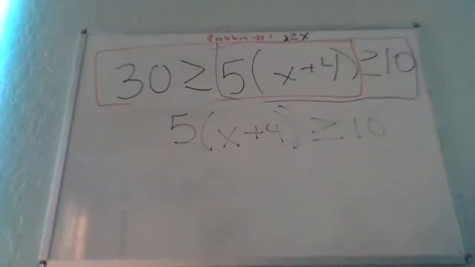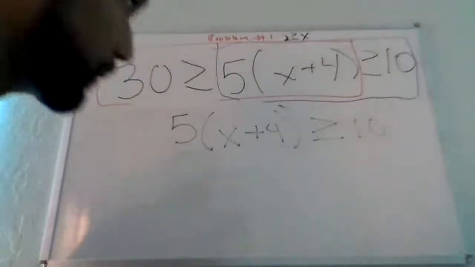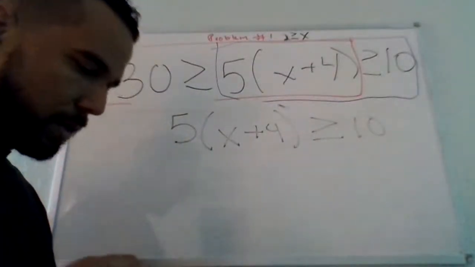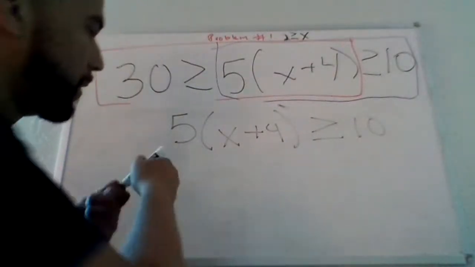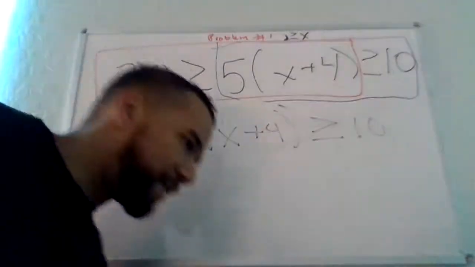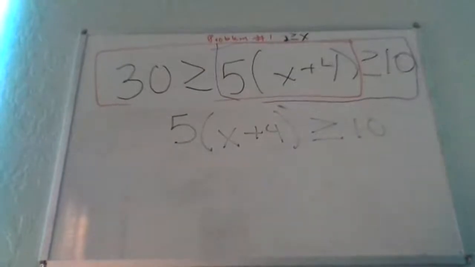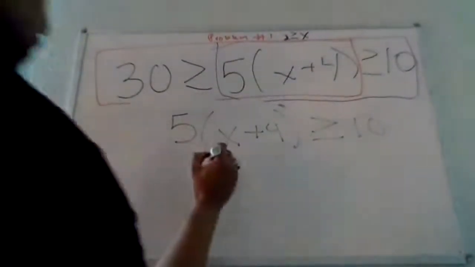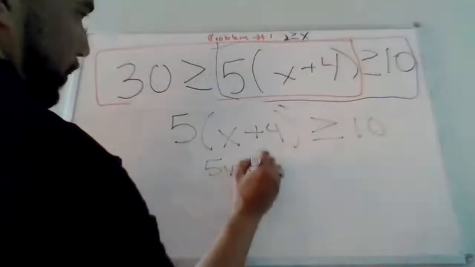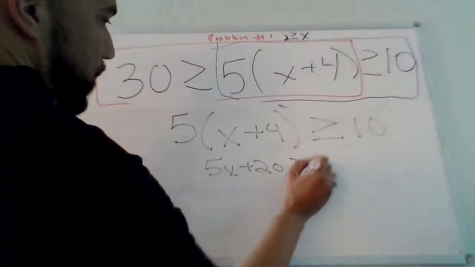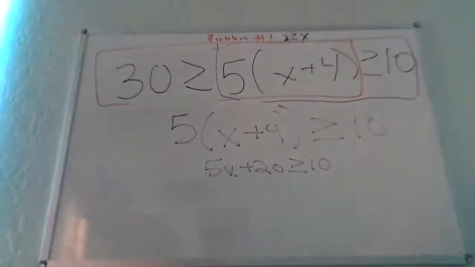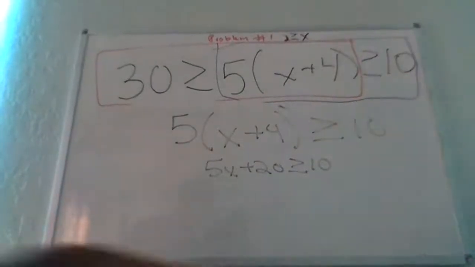What are we going to do now? 5x plus. So we're going to solve that first? Plus 20, yeah. Okay. So this is going to become 5x plus 20. All of that is greater than or equal to 10. Now what? Subtract 20 from the other side, and you get negative 10.